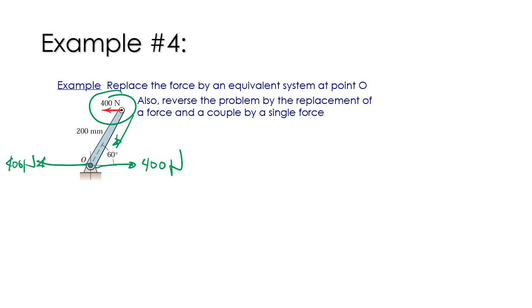To replace this one, we have a moment which is equal to 400 Newton multiplied by 0.2 times sine of 60.